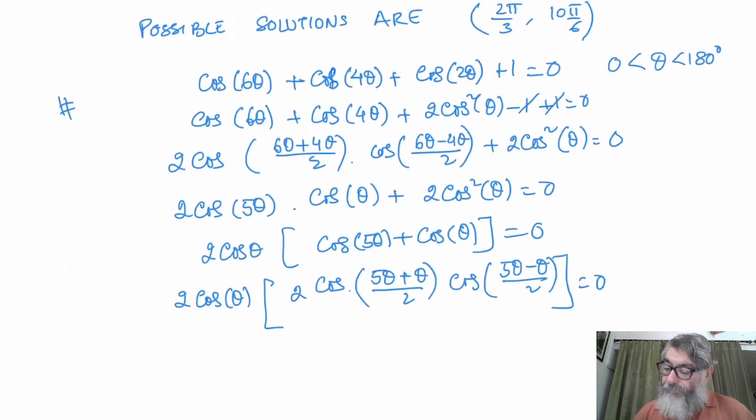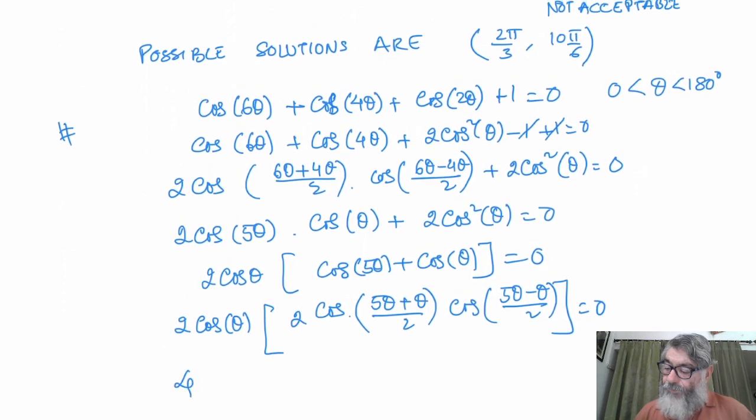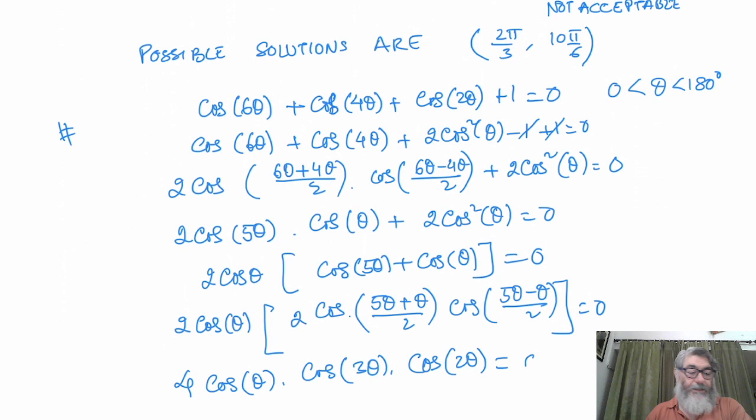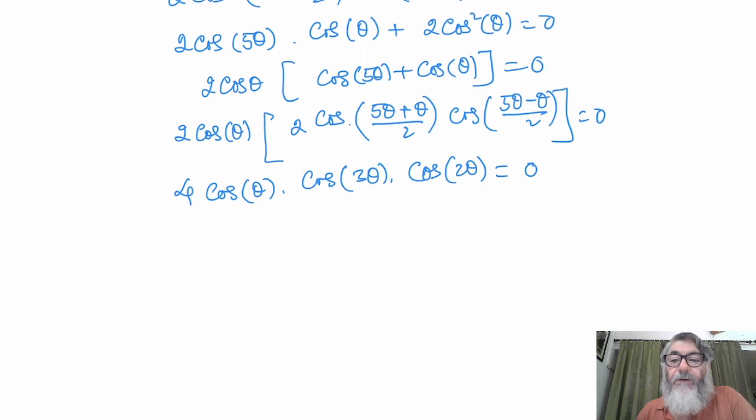This will become 4 cos theta cos 3 theta cos 2 theta is equal to 0. Because they are multiples, one of them has to be 0.